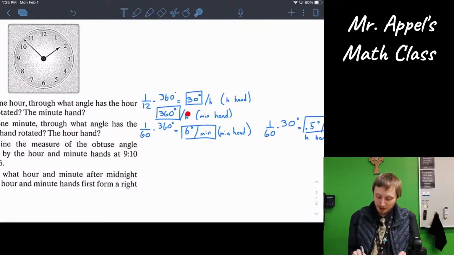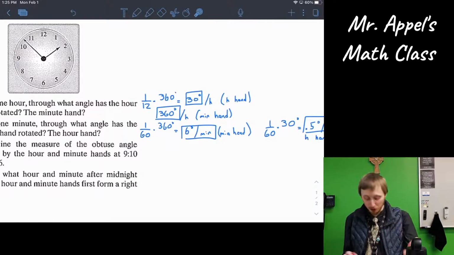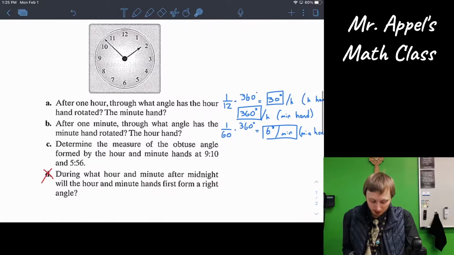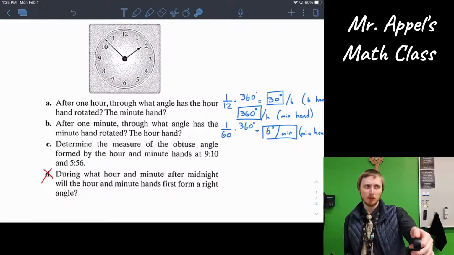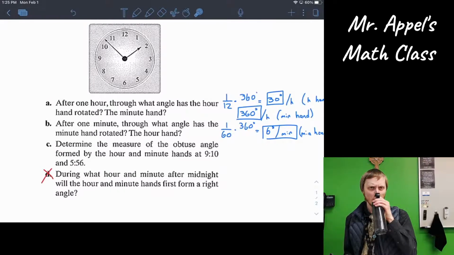All right, so now with that basic information, now we can answer the more interesting question. And that is the measure of the obtuse angle formed by the hour and minute hands at 9:10 and 5:56. Ooh, okay.